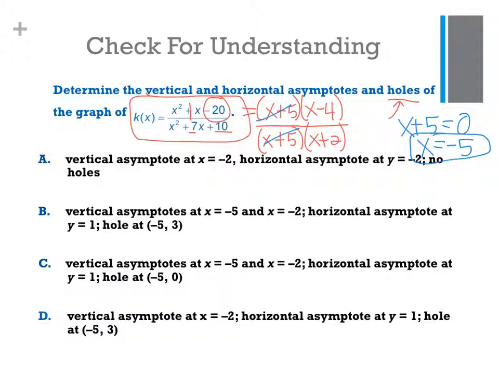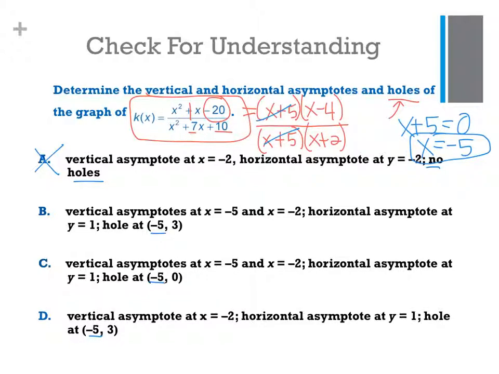We're going to have a hole at negative 5. And choice A is obviously not the response, since choice A says there are no holes in the graph. Answer B says we have a hole at negative 5, 3. C says we have a hole at negative 5, 0. And choice D says we have a hole at negative 5, 3 as well.